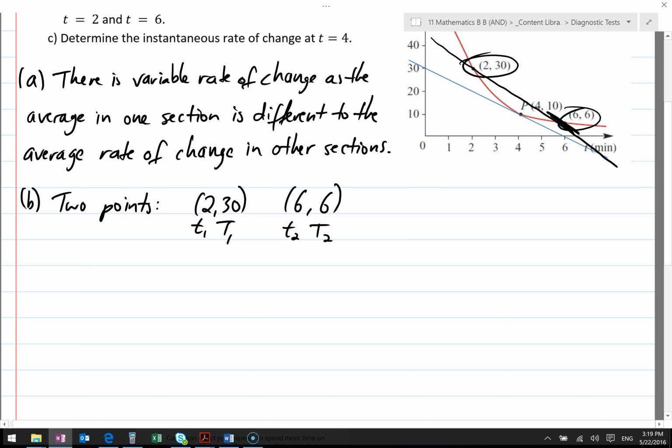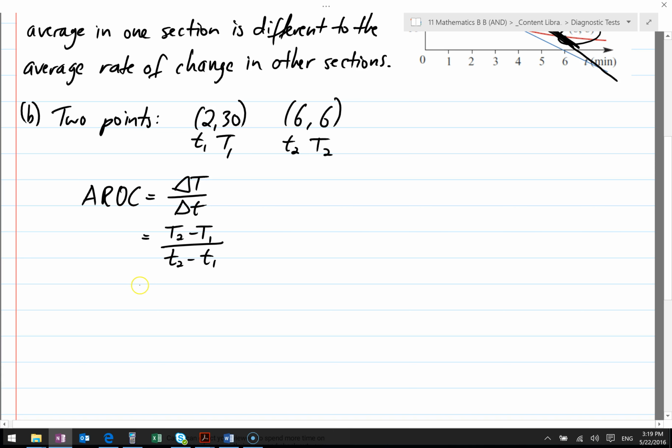I don't know the formula, so my average rate of change is going to be the change in temperature over change in time. In this scenario, (T2 minus T1) on (t2 minus t1). We're just subbing in values here now. Hopefully I don't make any mistakes.